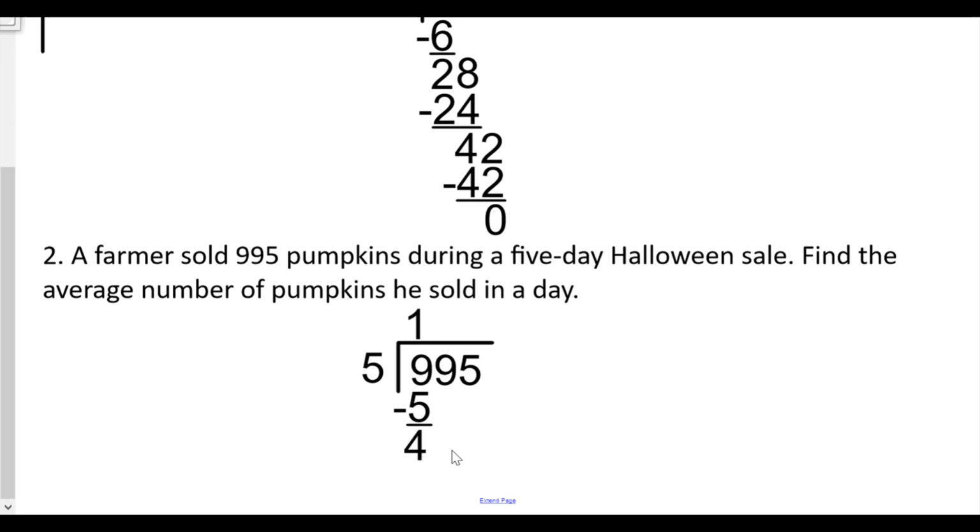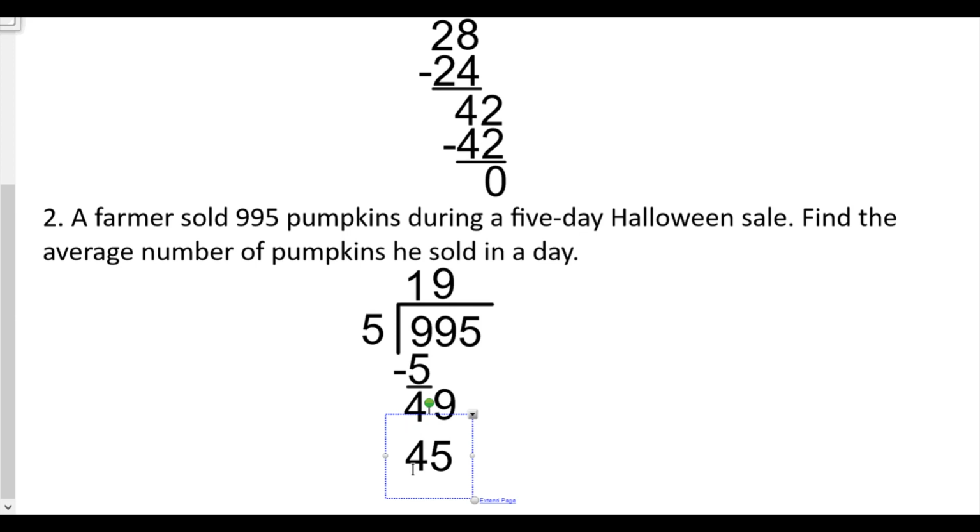And I want to bring down the 9. 5 goes into 49 9 times, because 9 times 5 is 45. I'll subtract that, so I got a little underline there, like that.